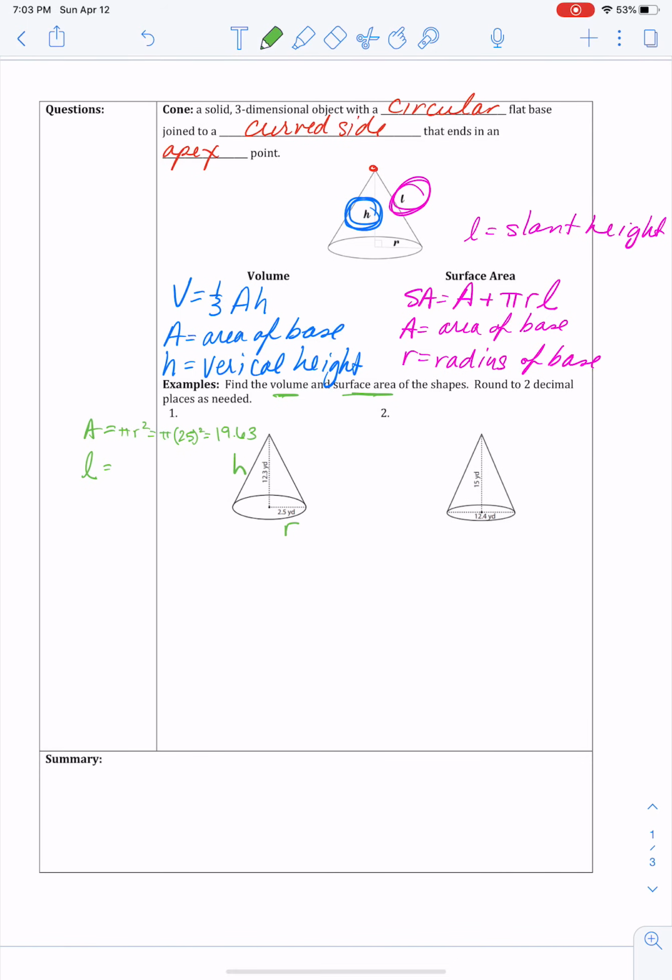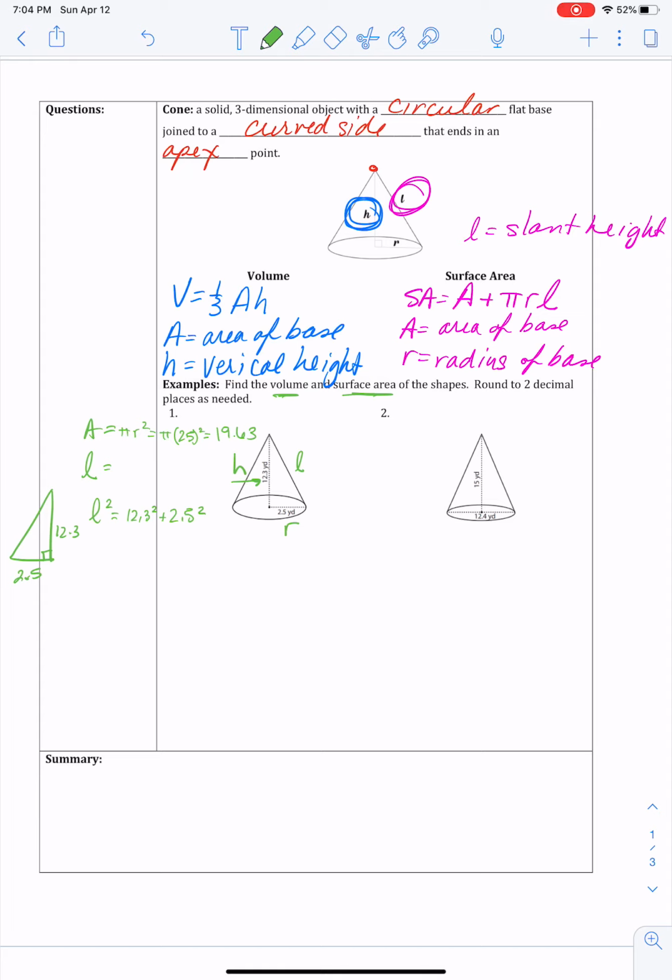But the slant height is this number over here, and it's a little harder to get to. So I have to recognize that I have a right triangle with 12.3 as one leg and 2.5 as the other leg. That means that L squared equals 12.3 squared plus 2.5 squared, because I'm looking for the hypotenuse.